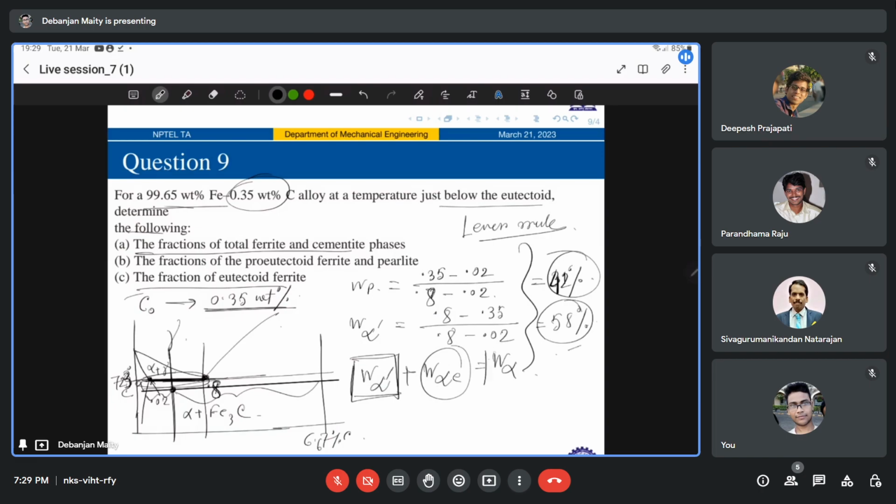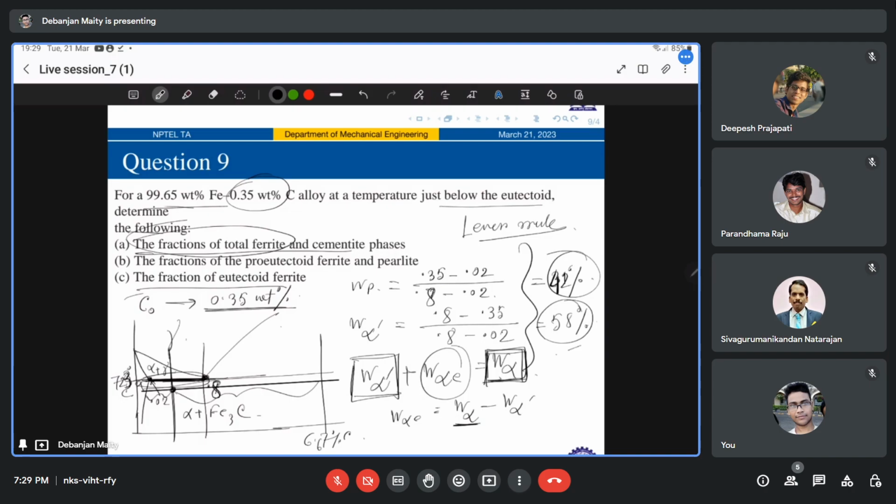and this also you have to find out, the fraction of total ferrite here, the W alpha one, right? How much was this coming?